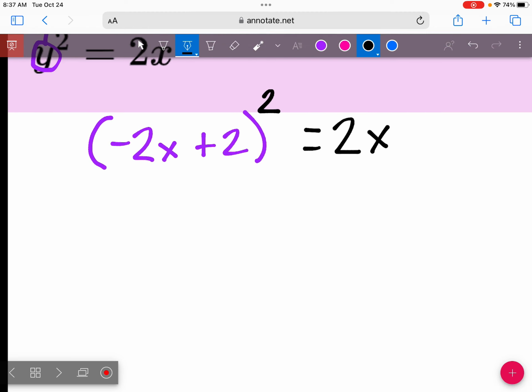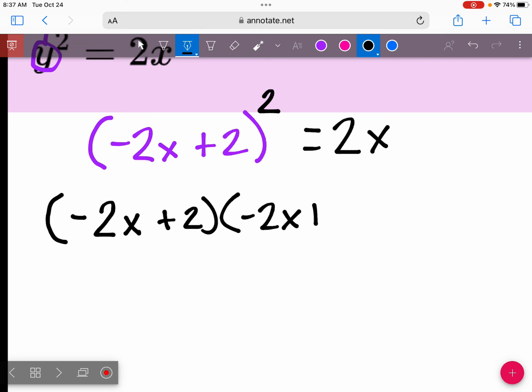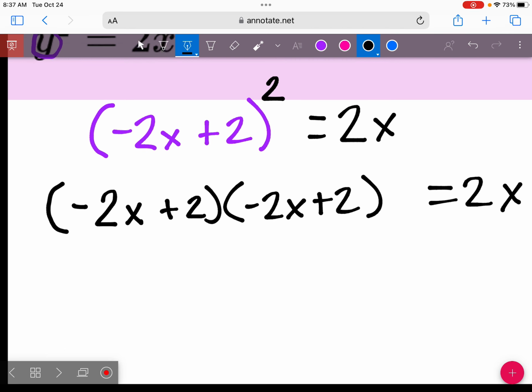I'm going to do the distribution thing because it actually takes up significantly less space than a box. But remember, it means to be squared: negative 2x plus 2 times negative 2x plus 2 equals 2x. That's what it means to be squared, is to multiply against itself. And we can start to see here, hopefully, that it's not going to be a 4x squared plus 4.